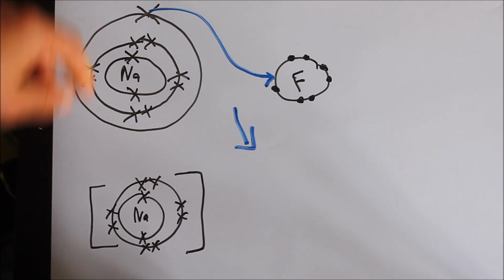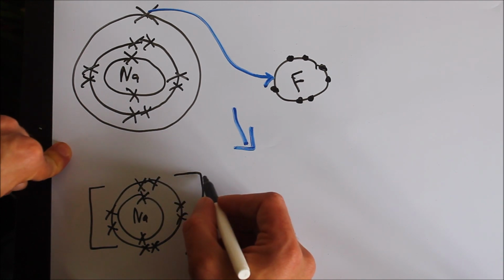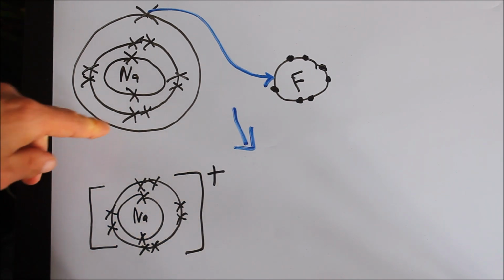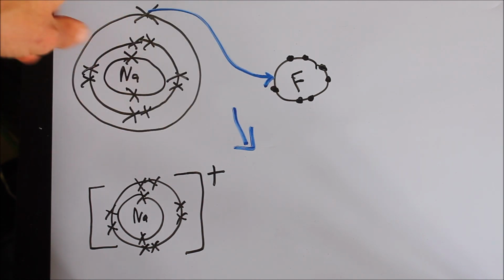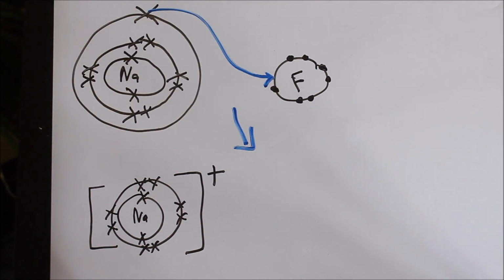But it's lost that outer electron shell and it's lost that outer electron. The electron has a negative charge, so if a negative charge has left this atom, it's now going to have a positive charge.